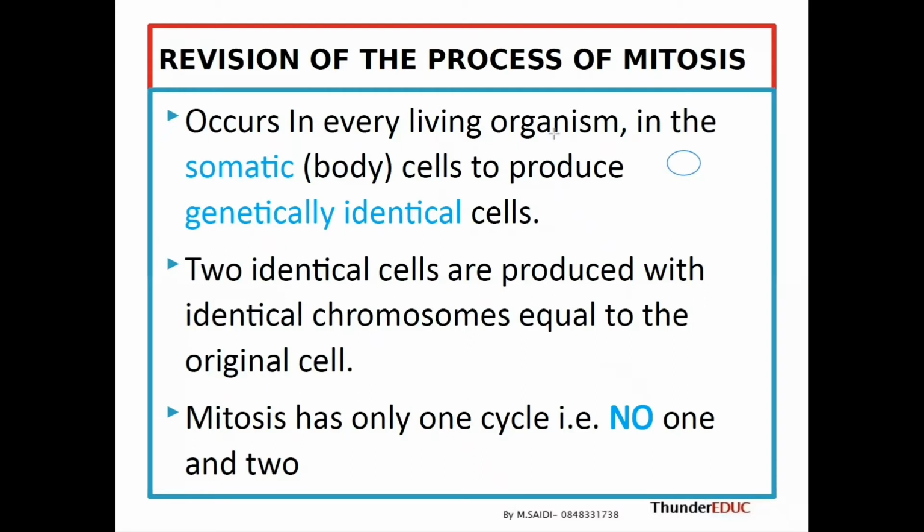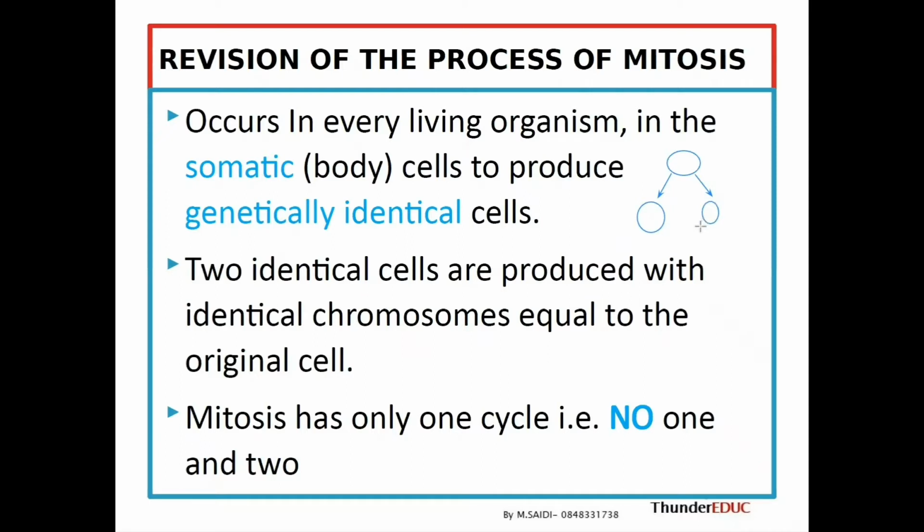When it is dividing, it's going to form two daughter cells. Here are the two daughter cells that we're trying to draw there. These two daughter cells are the same as the parent cell.